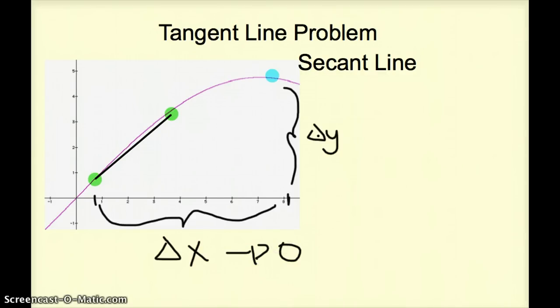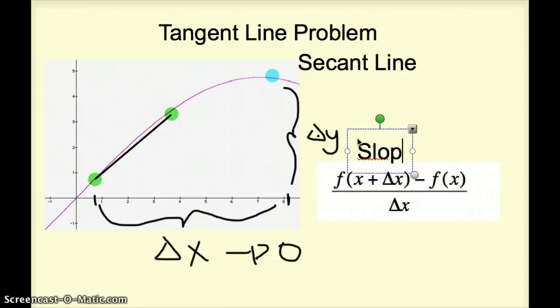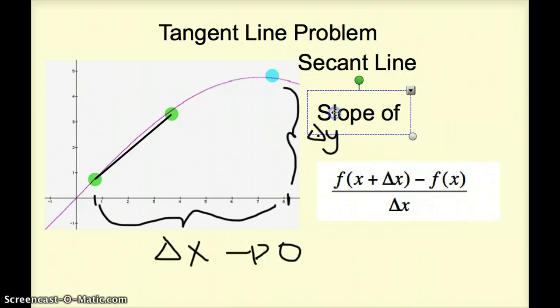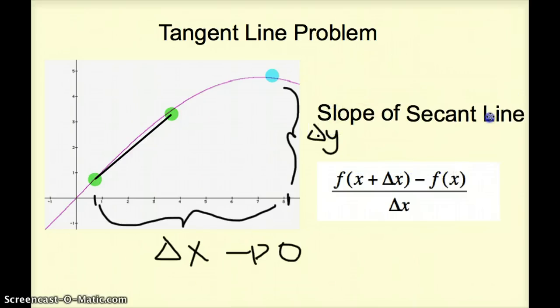So just to take a look at this, here is the equation for the slope of a secant line. It's taking the same exact format that we had before. I have my first point right here, I have my second point right here, and I have the change right here.